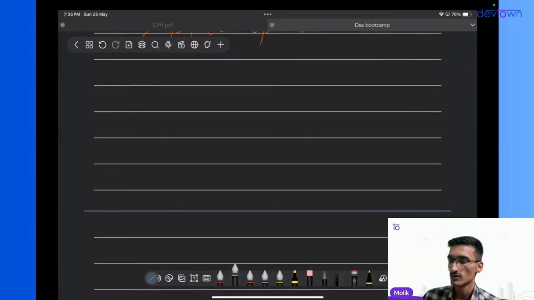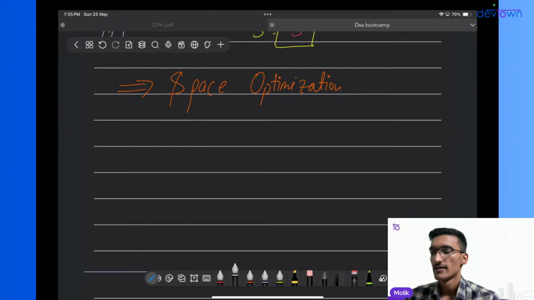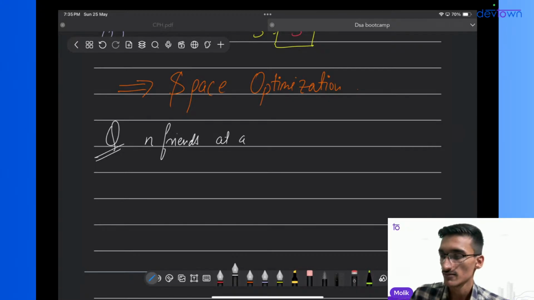So let's hop on to the question of how do we formulate a graph problem. Let me just give you a scenario, and you have to tell me how you will create a graph out of this. You have some n friends at a party.